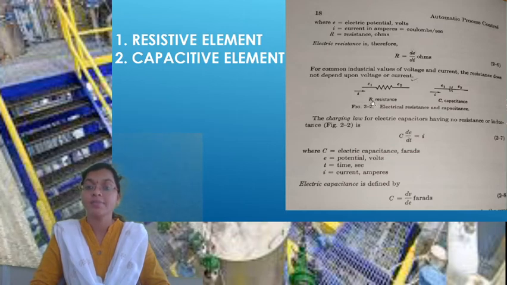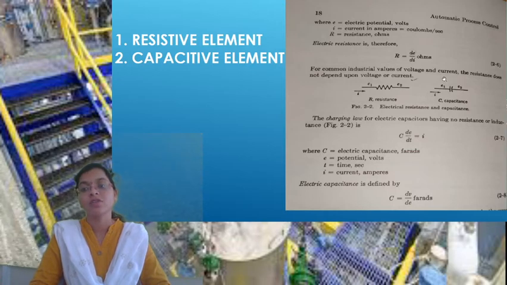We can write it as V by I, which you already know. But here the potential V is the difference of E1 and E2, which we write as dE, and the current as dI. So the formula is R equals dE by dI, which is nothing but V by I, where V is E1 minus E2.